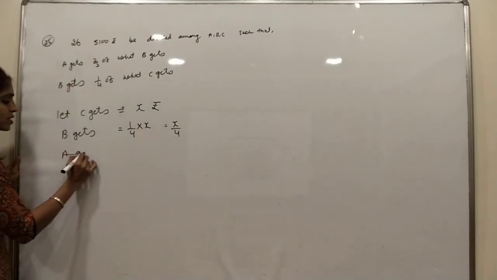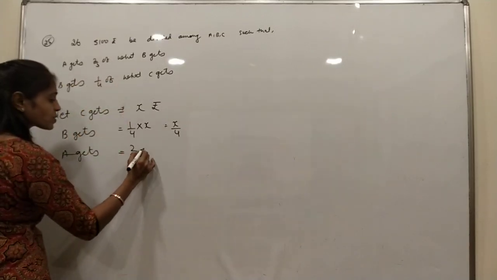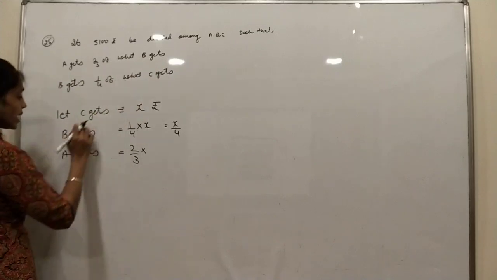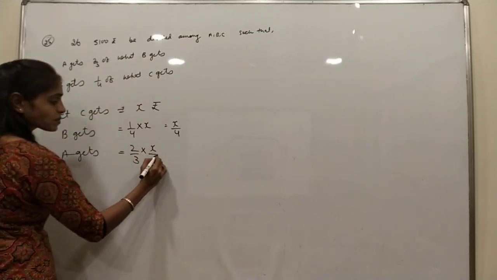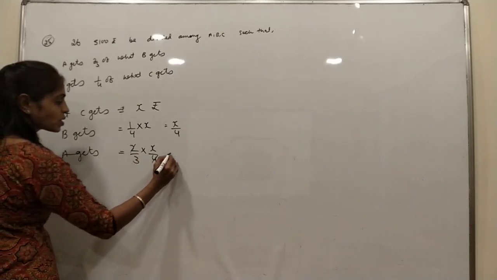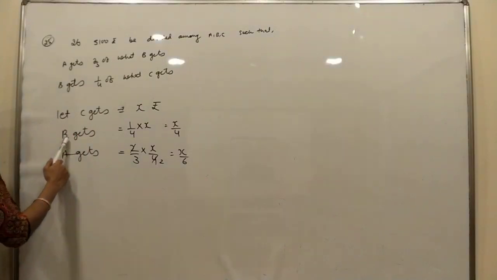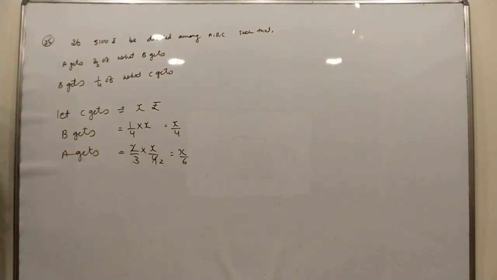Now A gets 2/3 of what B gets. Got it? So X by 6. Let C get X rupees, B get X by 4 and A get X by 6.